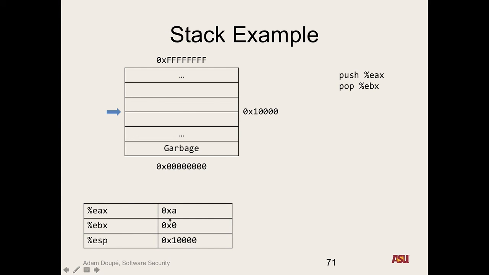If the stack started somewhere else, there would be a different value in ESP. This arrow just represents where ESP is currently pointing.